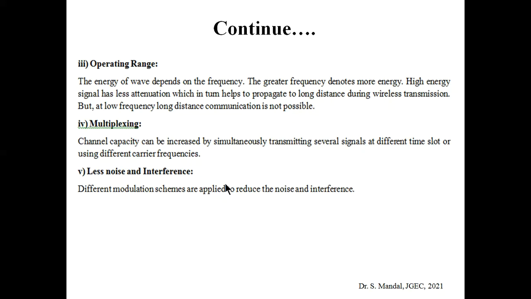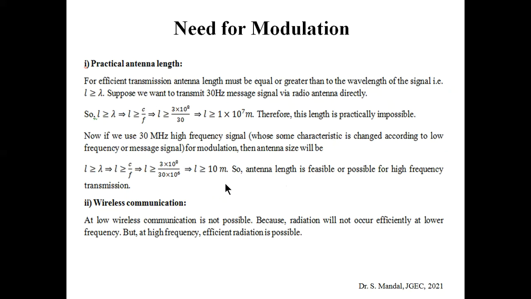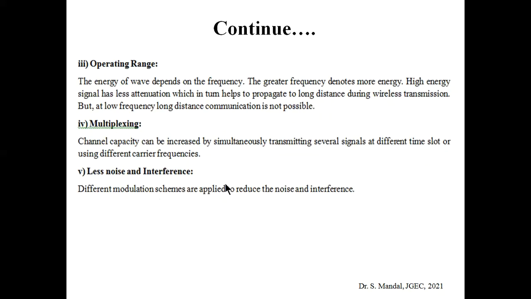How different techniques affect the corresponding noise and interference will be discussed in the upcoming classes. Right now, just remember these 5 points: practical antenna length, wireless communication, large operating range, multiplexing, and less noise and interference are the main reasons to use modulation.